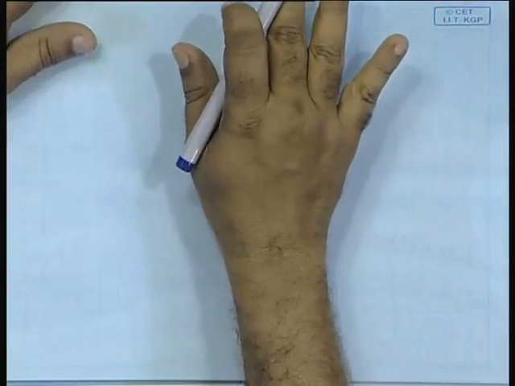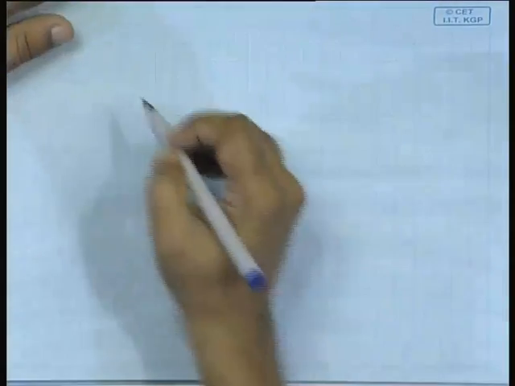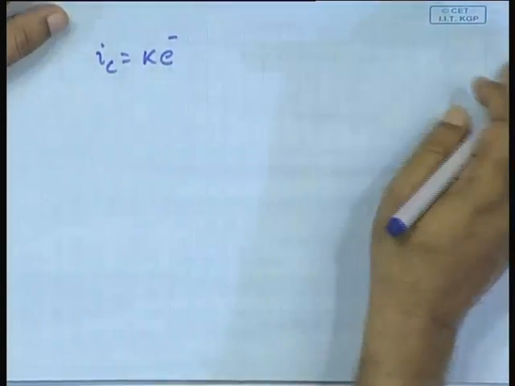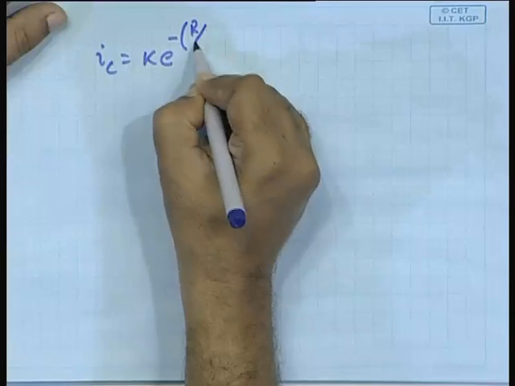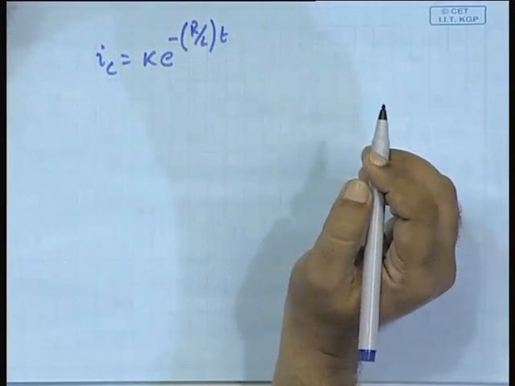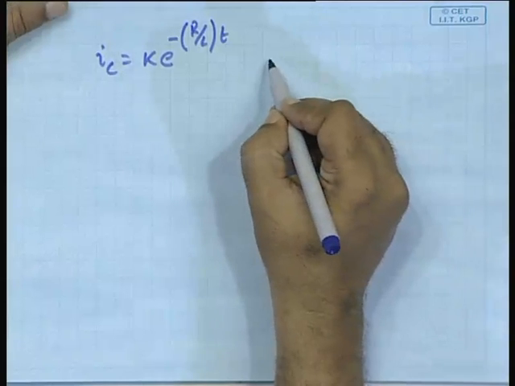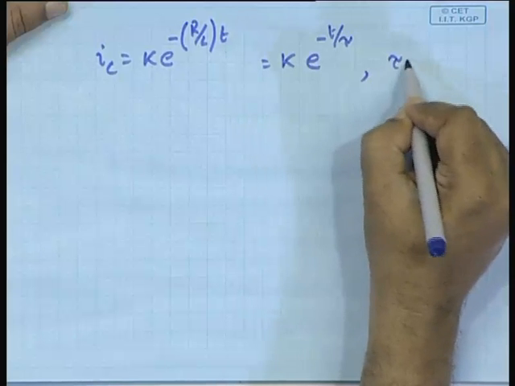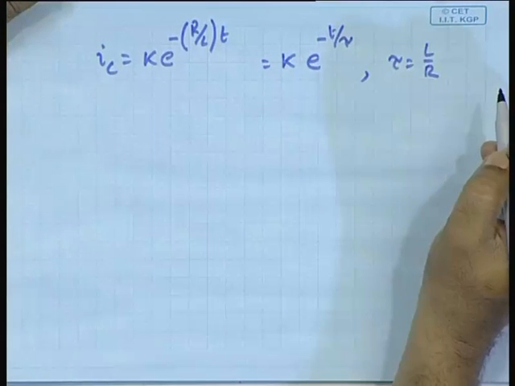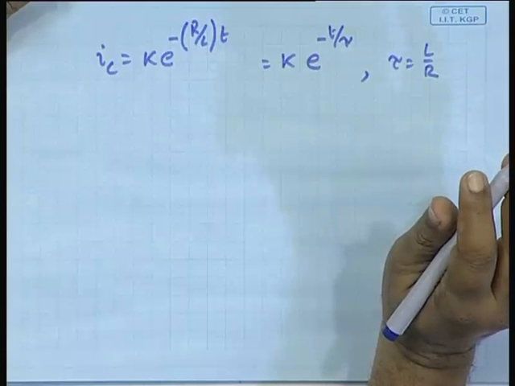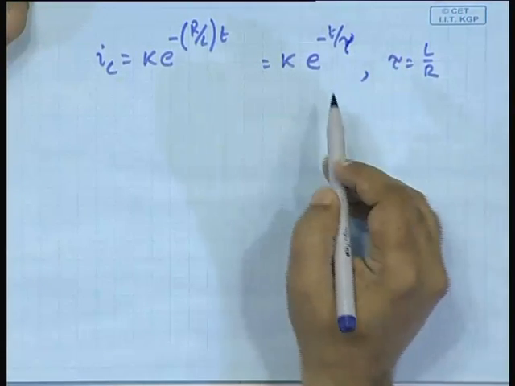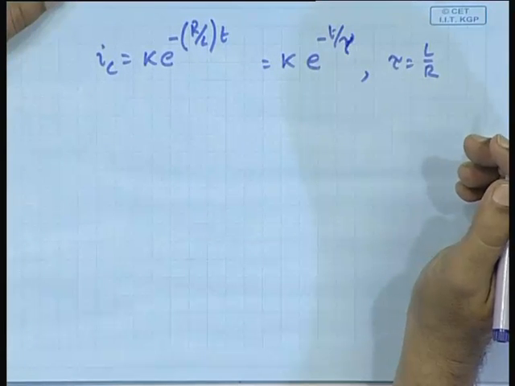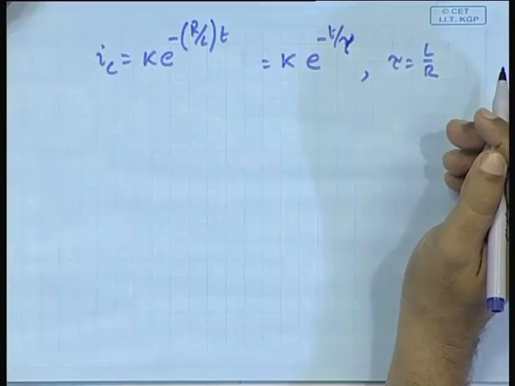Okay, let us write it like this. This is correct, but this time constant is L by R. So I c is k e to the power minus, I am not writing t by tau, I am simply writing R by L t, which is k e to the power minus t by tau, tau is equal to L by R. Is this right or wrong?